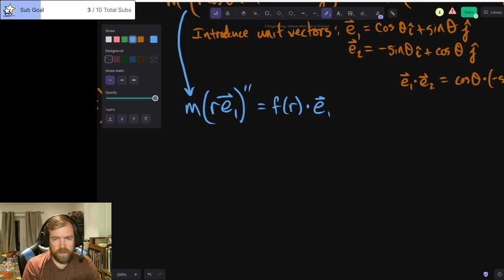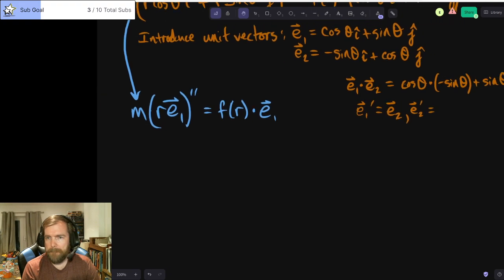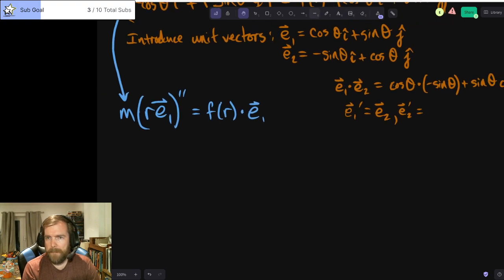Our E1 double prime, we should also mention, E1 prime was going to be equal to E2. And E2 prime ends up being what? Negative E1.